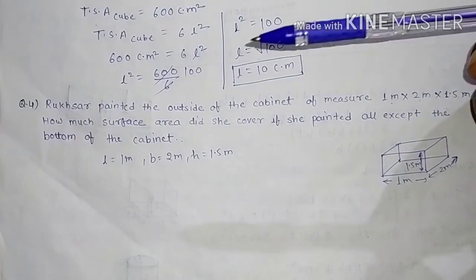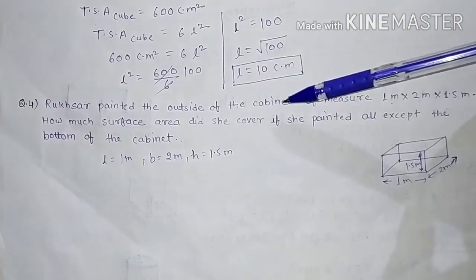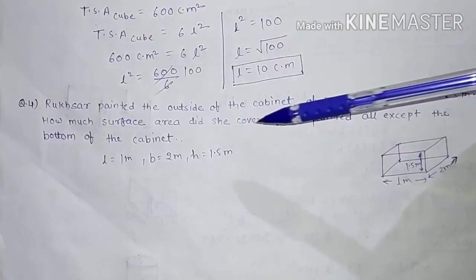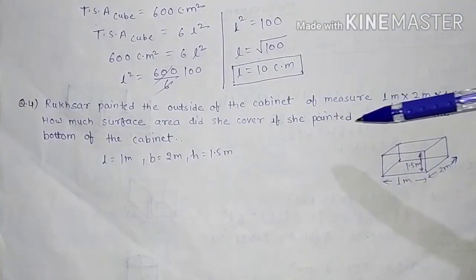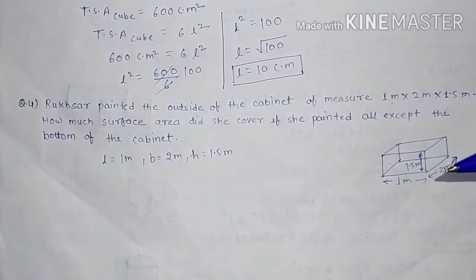Now, what is given in the question? Rukshar painted the outside of the cabinet of measures this. How much surface area did she cover if she painted all except the bottom of the cabinet? That means Rukshar has to paint all the surface area of this cuboidal shape cabinet except bottom.